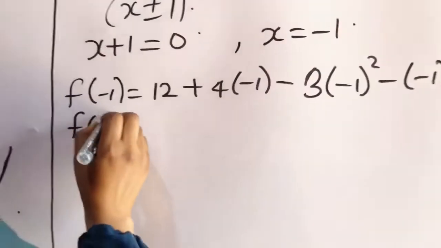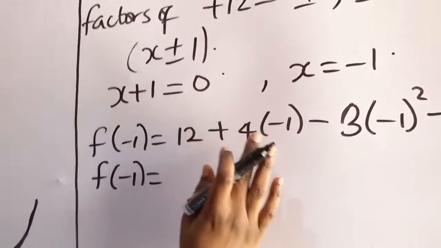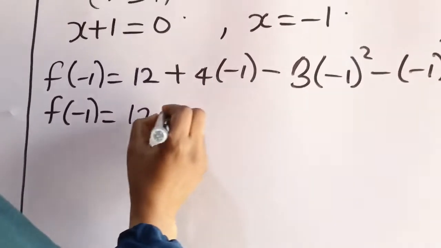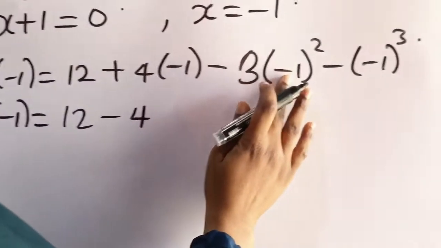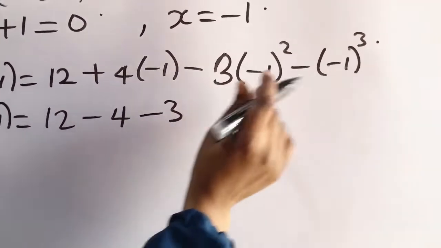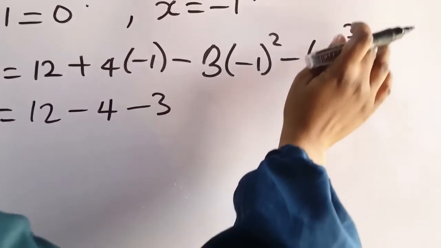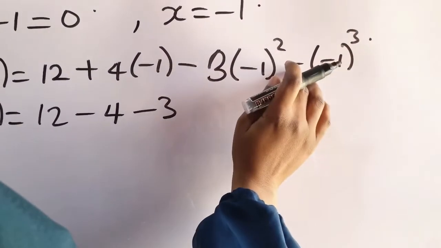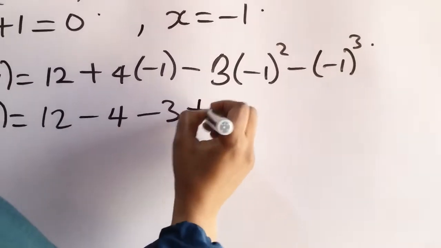f of minus 1 will be equal to 12 plus 4 multiplied by minus 1 gives minus 4. Minus 1 squared is equal to 1. 1 multiplied by minus 3 gives minus 3. Minus 1 cubed is equal to minus 1. Minus 1 multiplied by minus gives plus 1.